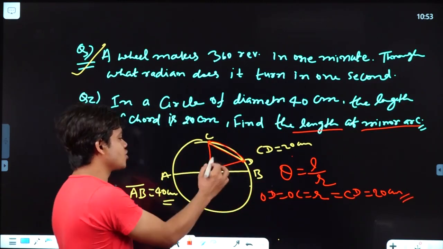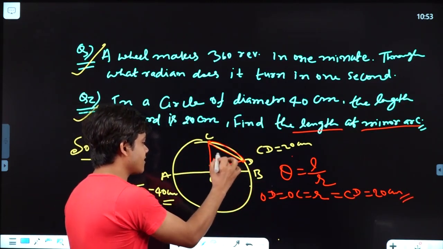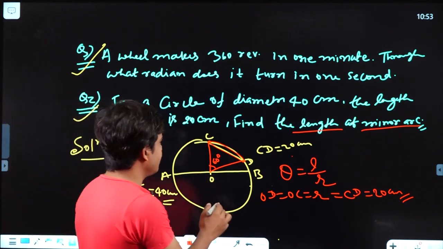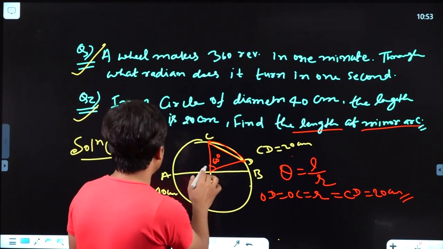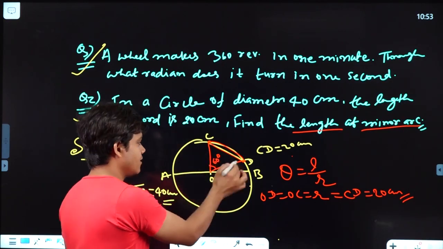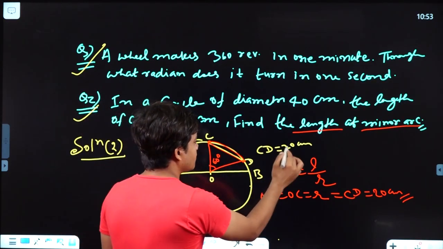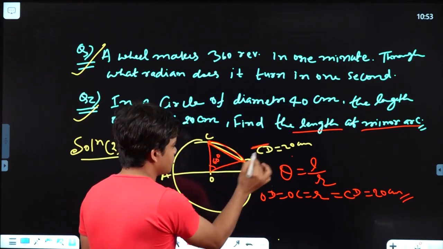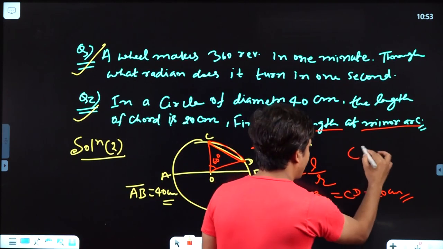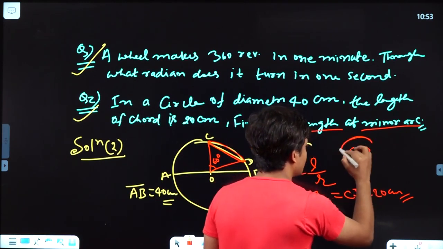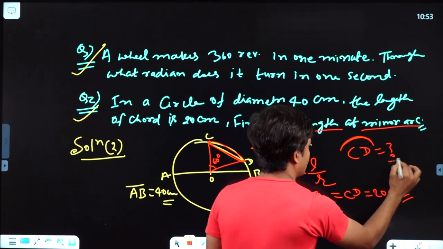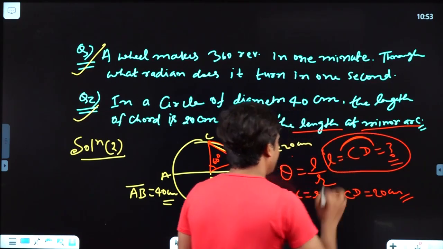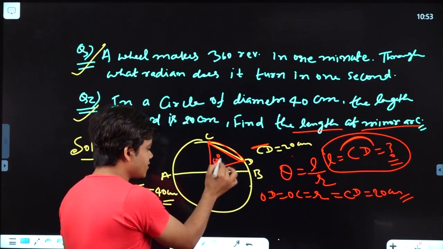So in triangle OCD, this angle is 60 degree. We have to find the length of the minor arc, the arc length of CD. Say this arc length of CD is L.